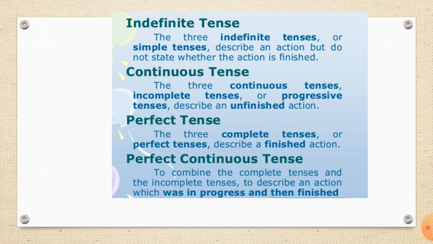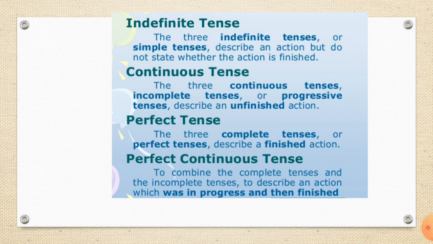The three continuous tenses, or incomplete tenses, or progressive tenses, describe an unfinished action. We'll go for perfect tense. The three complete tenses or perfect tenses describe a finished action.